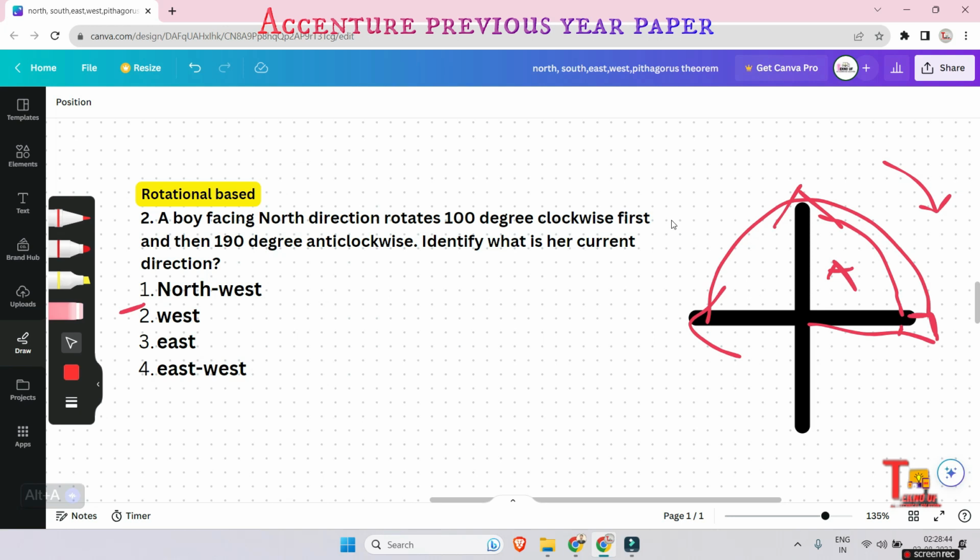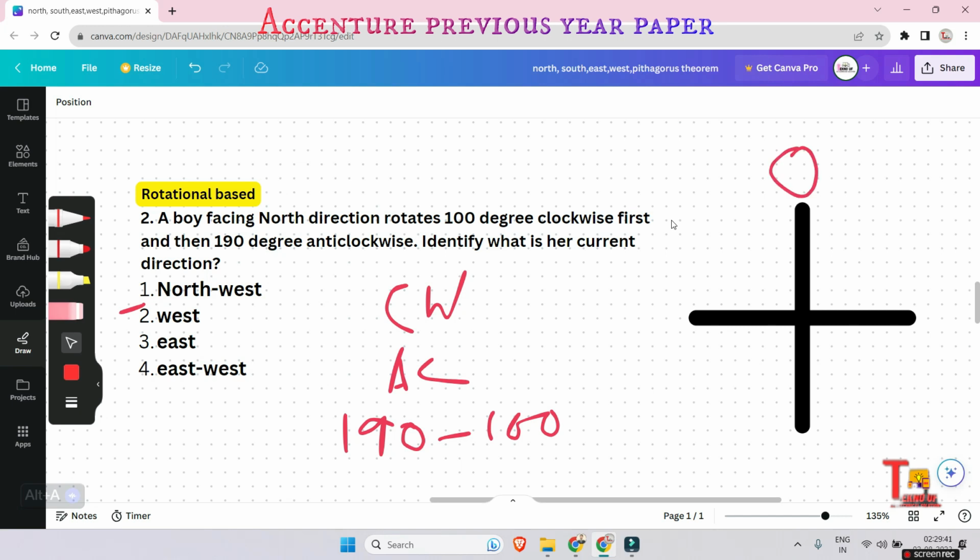At first the boy rotates clockwise 100 degrees and anti-clockwise 190 degrees. So whichever is greater, that is 190 anti-clockwise, minus 100 clockwise. That means 90 degrees total anti-clockwise rotation.